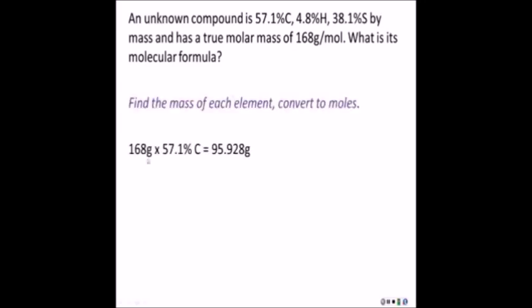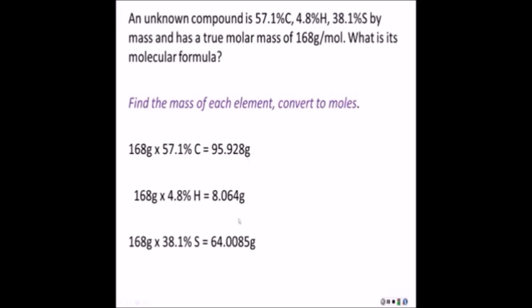I take my 168 grams, my true molar mass, multiply it by 57.1%. Remember, that's 0.571, and I get this many grams of carbon. I do the same for the other elements. I multiply that same total, that true molar mass, by the percentage. In fact, if you add up these masses, you should wind up with 168.